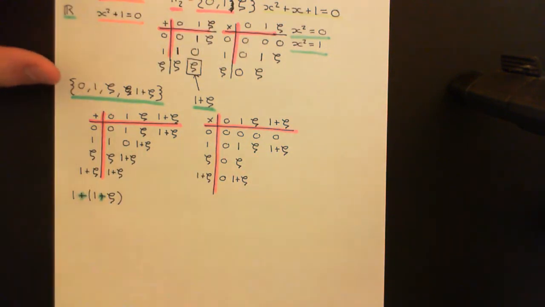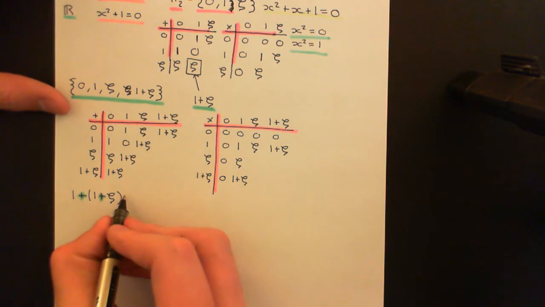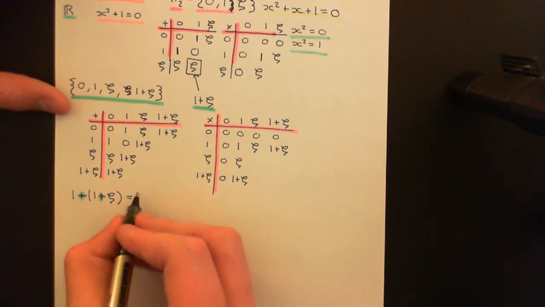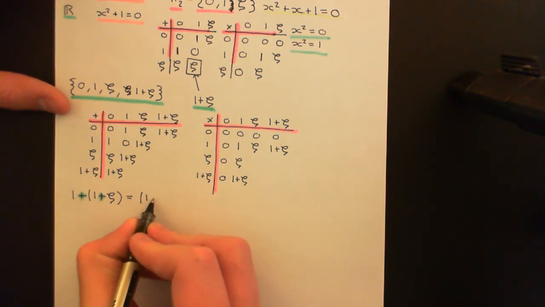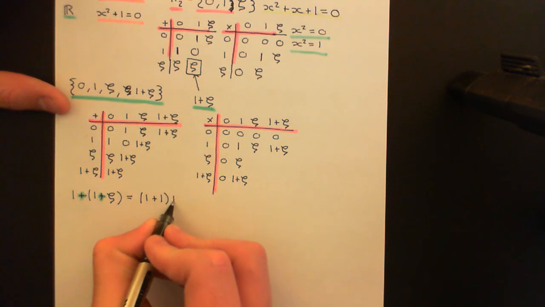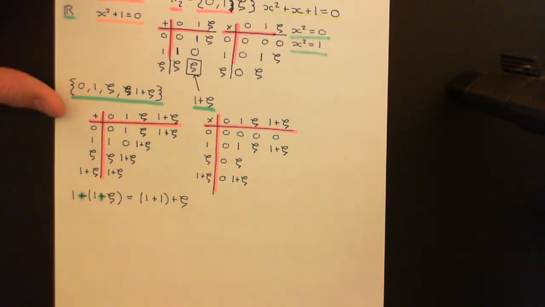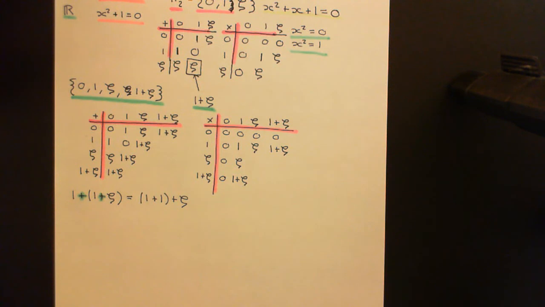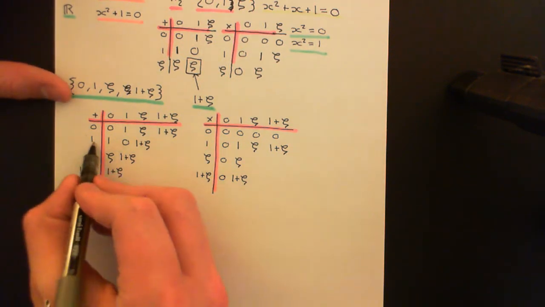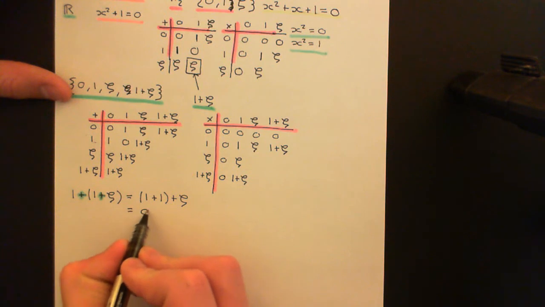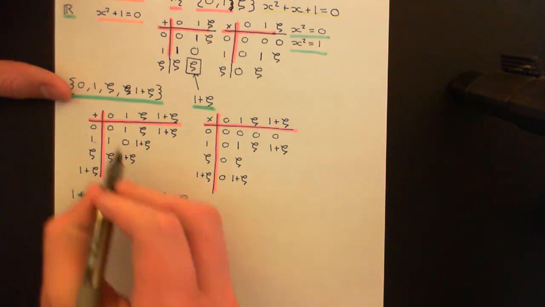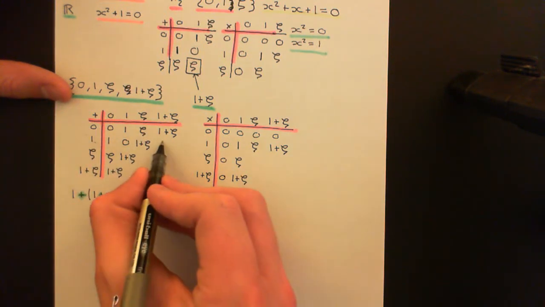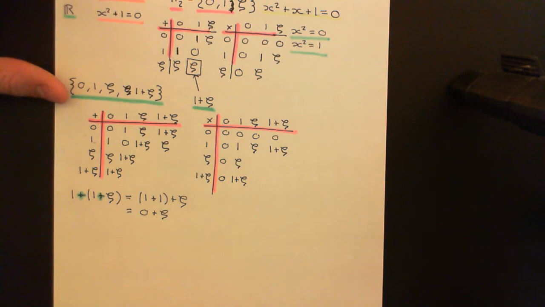Now, we want the composition of addition here to obey associativity, so we better design this so that this is the same as (1 plus 1) plus zeta, like so. Otherwise, if we don't have it like this, this thing doesn't stand a chance of obeying associativity. So what is 1 plus 1? Well, that's 0, so we'll end up with 0 plus zeta, and of course 0 plus zeta is just zeta, so now we know the answer there must be zeta.